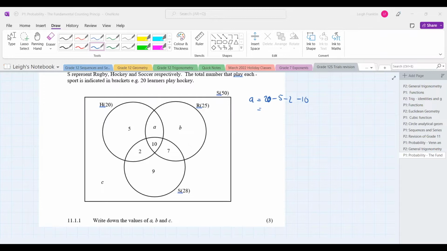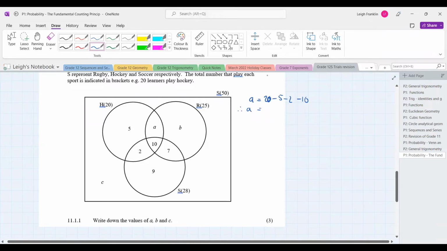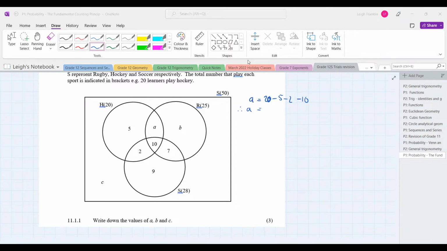What's A equal to? Three, I agree. Okay, so A would be equal to 3.